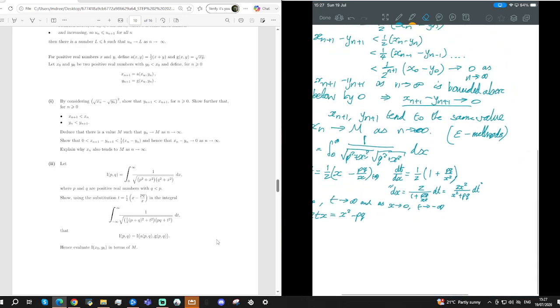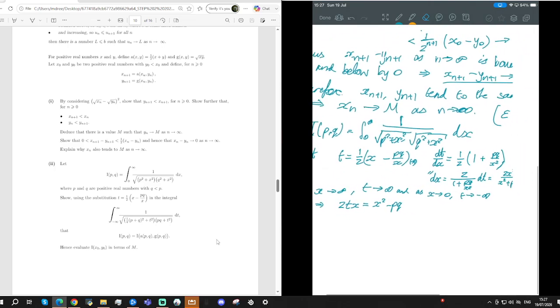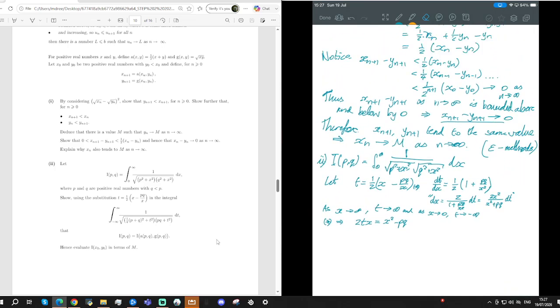Because it's so unpleasant, how am I going to manipulate this in a way where I can get x squared as the useful aspect? So this does say that x squared equals 2tx plus pq.